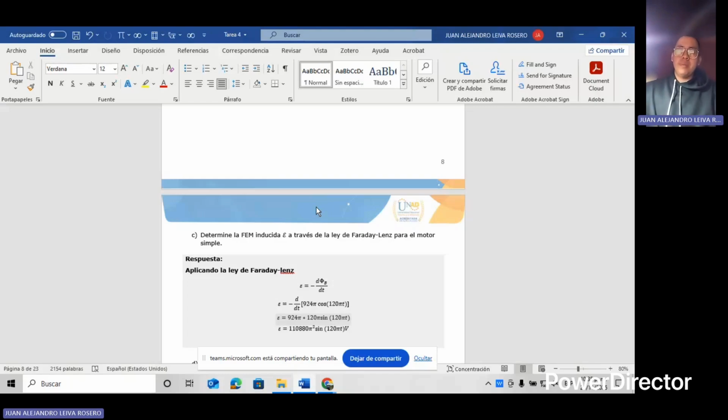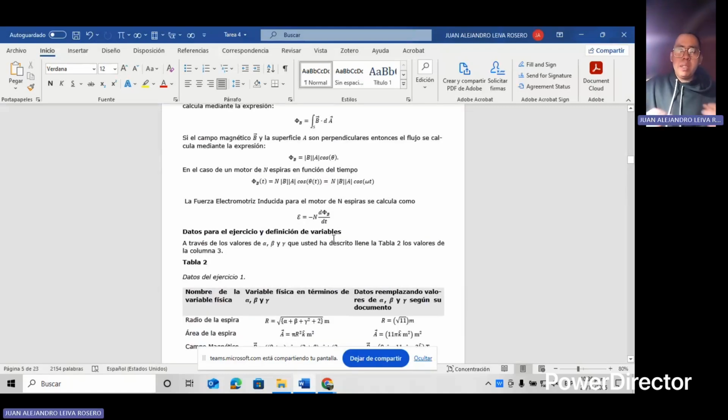and vice versa. The magnetic flux quantifies the total magnetic field passing through a given surface area.